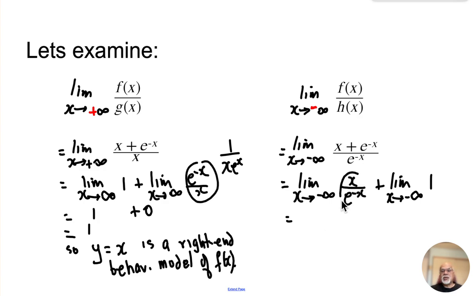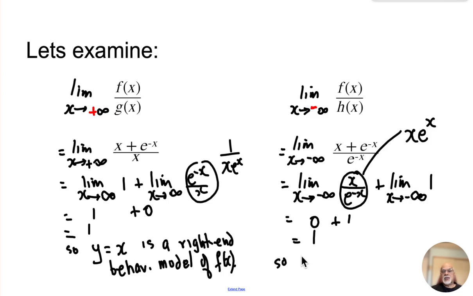This expression here is just the same as writing x times e to the x, using your negative exponent law. And so as x goes to negative infinity, that's going to be 0. And the limit of the constant as x is approaching negative infinity is just 1. So that's equal to 1.